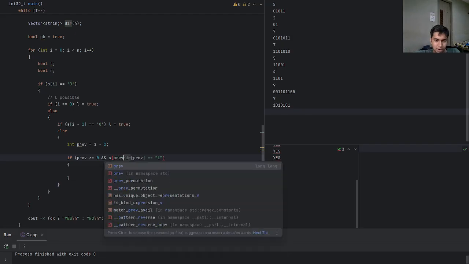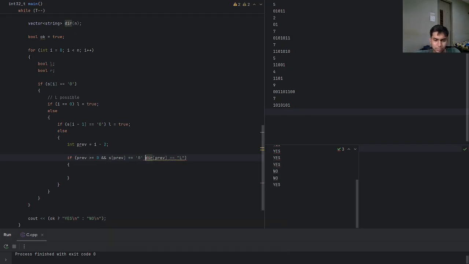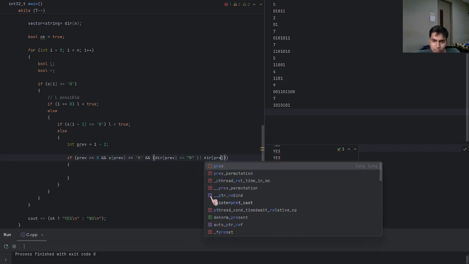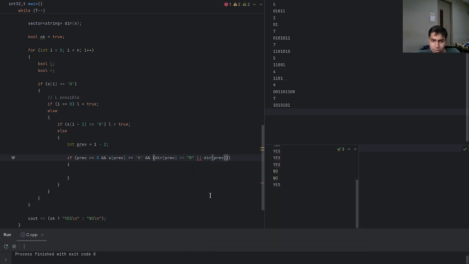If S of prev is a 0 and direction of prev is R, or direction of prev is any.